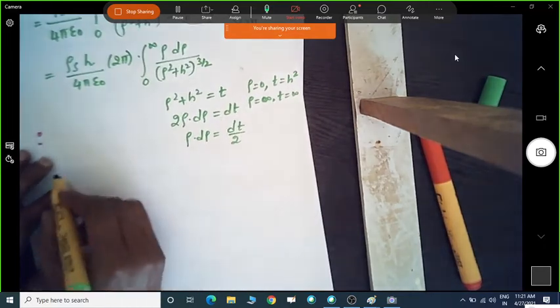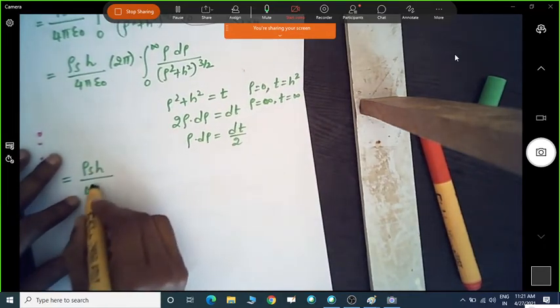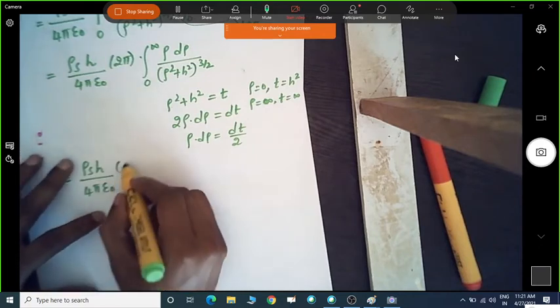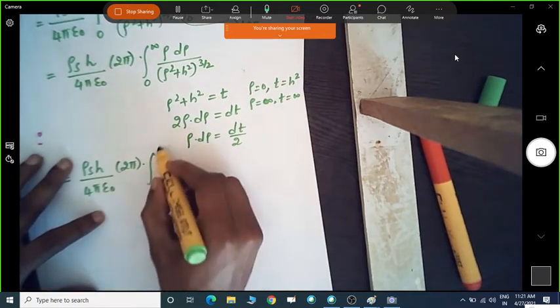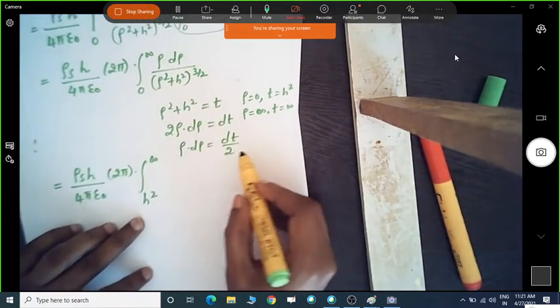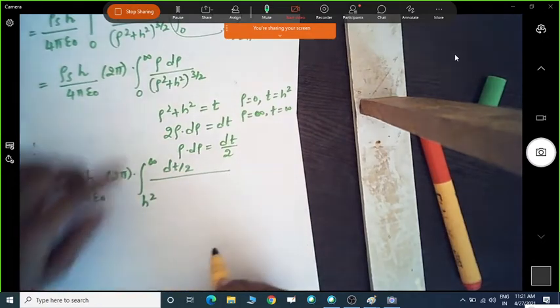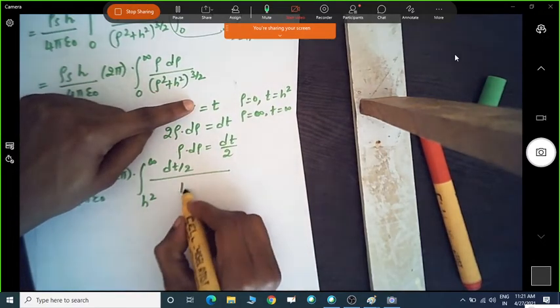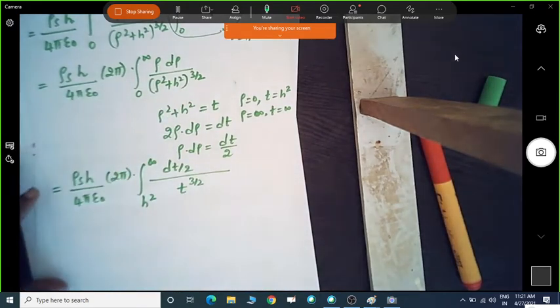Now we can substitute: rho_s h divided by 4 pi epsilon naught into 2 pi, and it varies from h square to infinity, with rho d rho being nothing but dt by 2, divided by rho square plus h square, which is t, so t power 3 by 2.